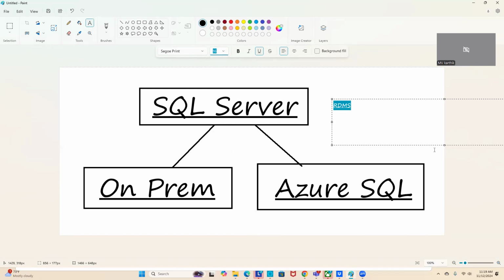So RDBMS is what is applied in the SQL Server.